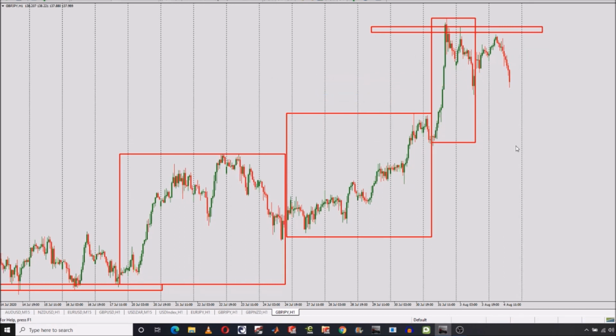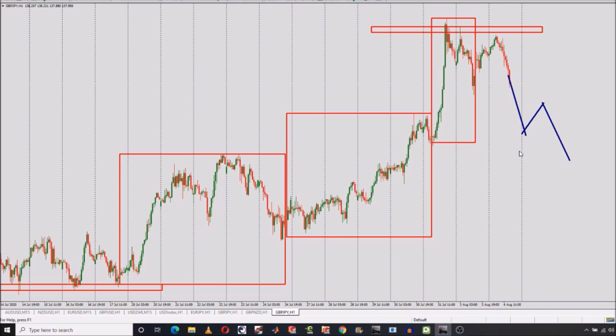Right, this is the setup that we are looking for. And if you have missed this one, you can actually wait for a pullback of price before going into level 2 and enter at this point.